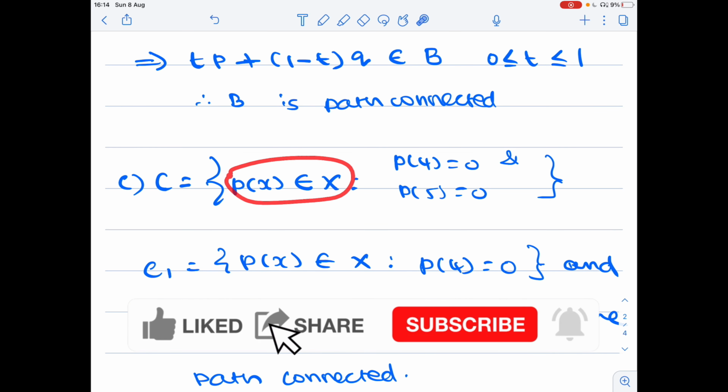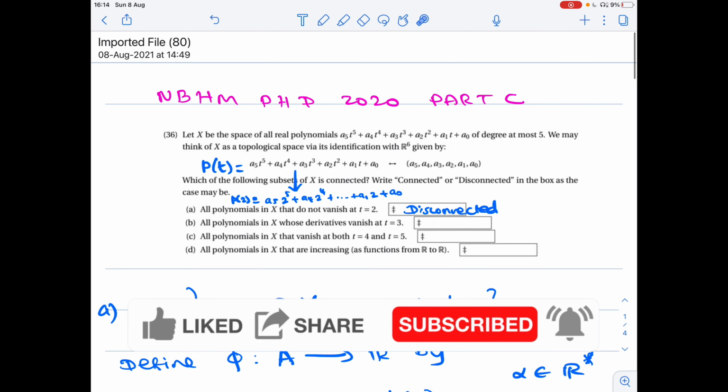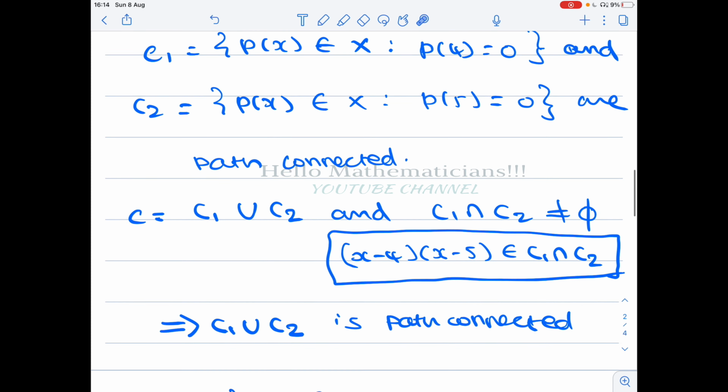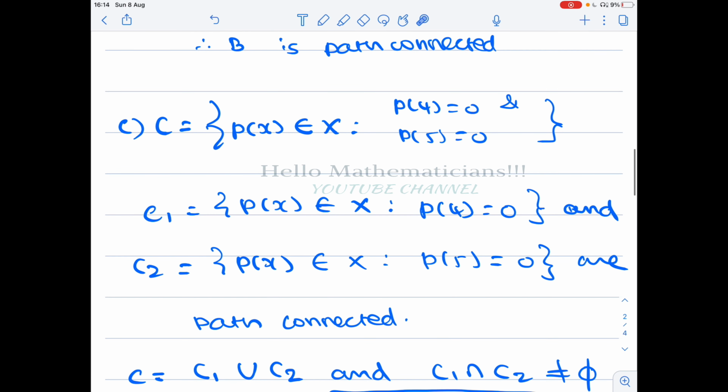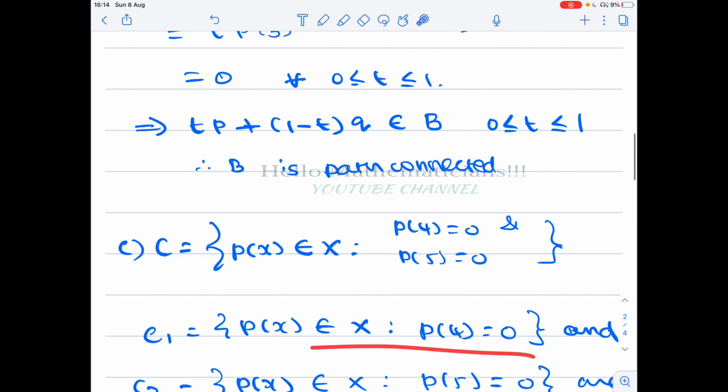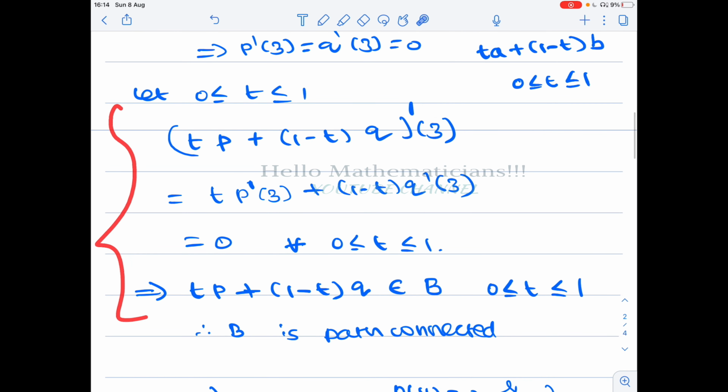The set of all polynomials that vanish at both 4 and 5, that is option C. So let's consider C1, the set of all polynomials vanishing at 4, and C2, the set of all polynomials vanishing at 5. Now again you can prove that these two spaces are path connected by the same argument.